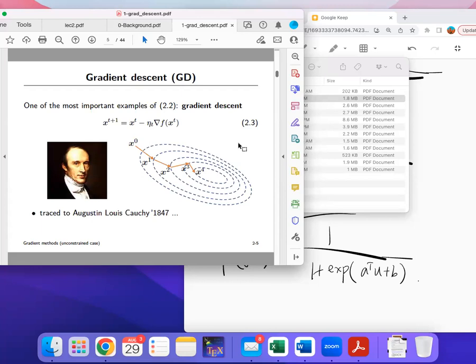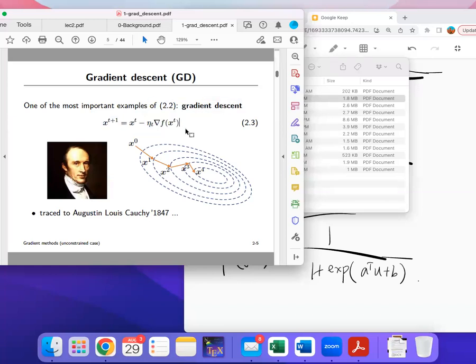Gradient descent is one of the most important examples of this type of algorithm. The update rule is given by this equation. The next step, xt+1, is the previous step minus the gradient.